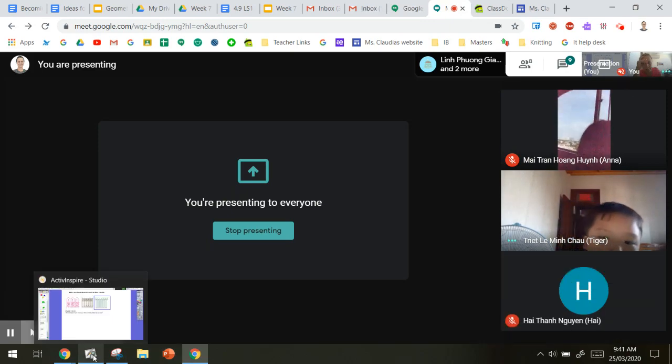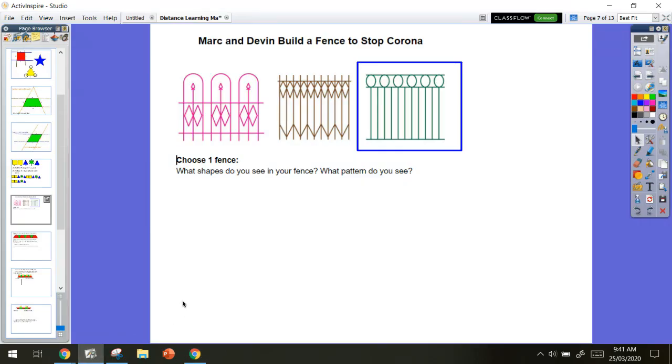So, Tiger, what do you see? What pattern do you see? Okay, so we're looking for just the first part of the pattern. This pattern repeats.